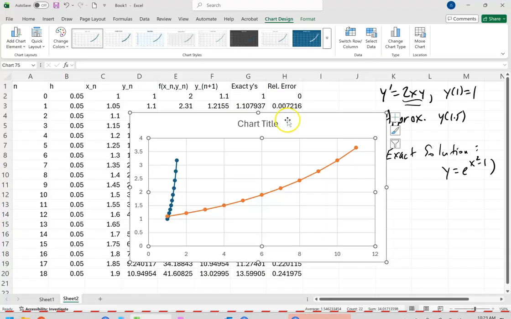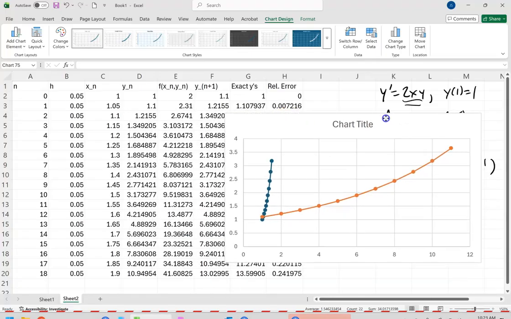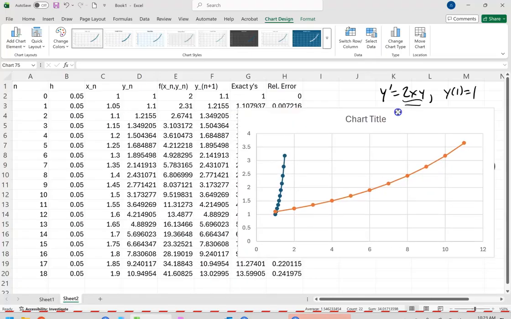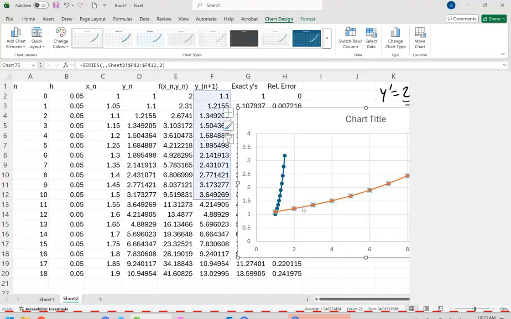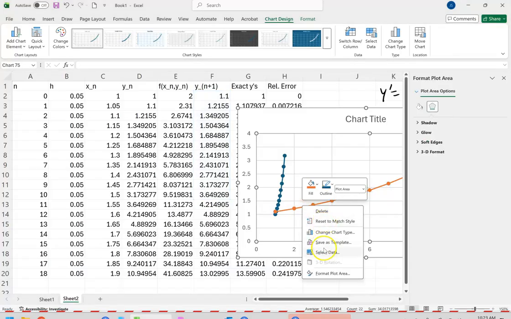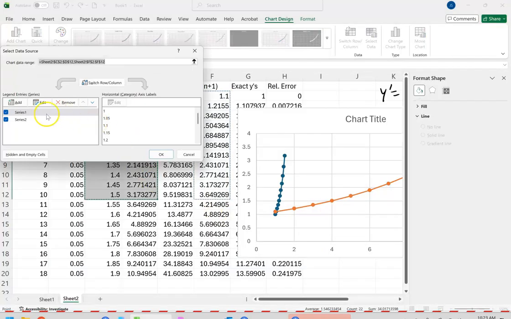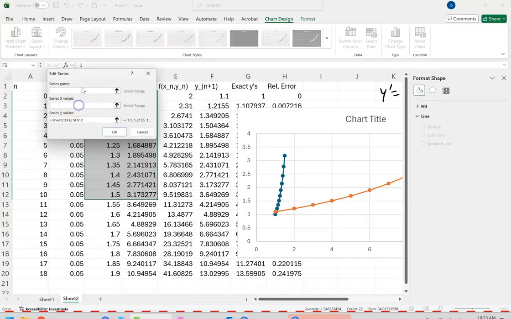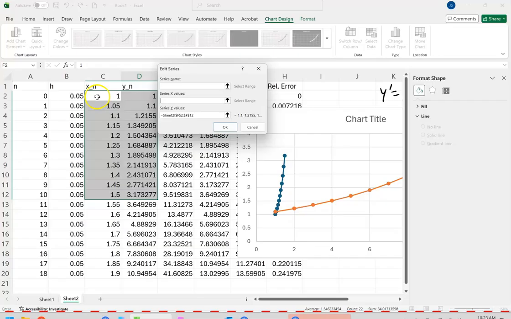Whoa. What did I copy over? That shouldn't be that far off. Oh, it didn't do the X's right. Sorry. I know why. Let me go back and fix this. Select data. Edit. Series X values. I didn't pick the X values that we wanted. There are these. There we go.